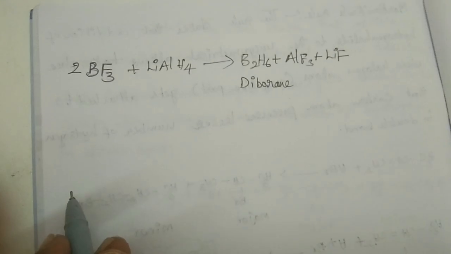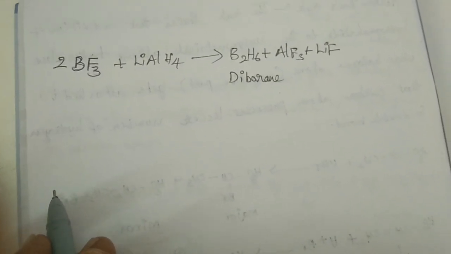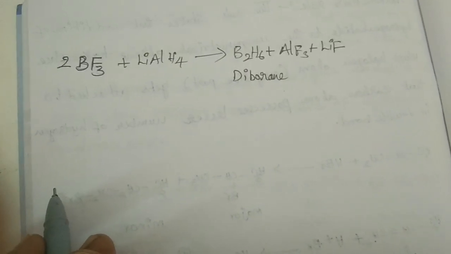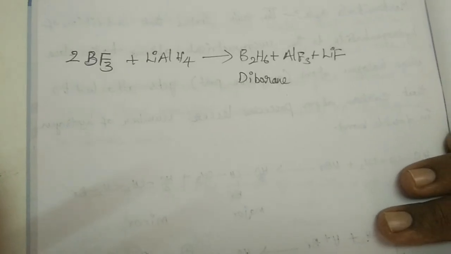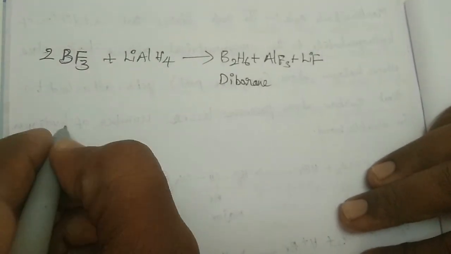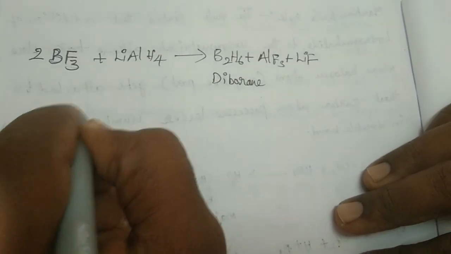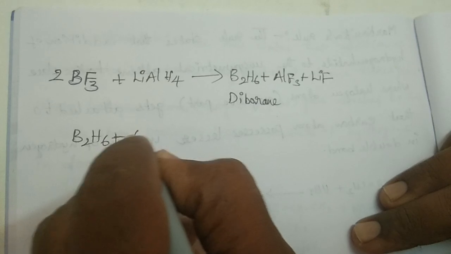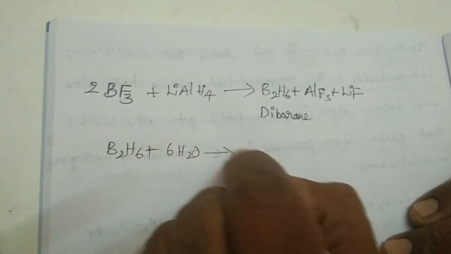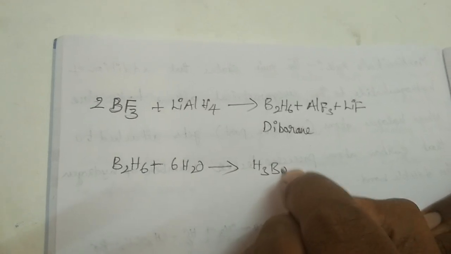And when diborane undergoes chemical reactions, what are the important products it forms, that we will see now. So when B2H6 reacts with water, it forms H3BO3.